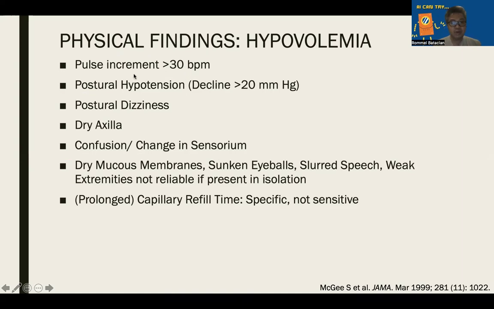There is postural hypotension, or a drop in the blood pressure on standing. Dry axilla, as I mentioned, would be a good marker of the presence of good extracellular fluid. Change in sensorium or confusion. And as I mentioned, these are not reliable indicators.